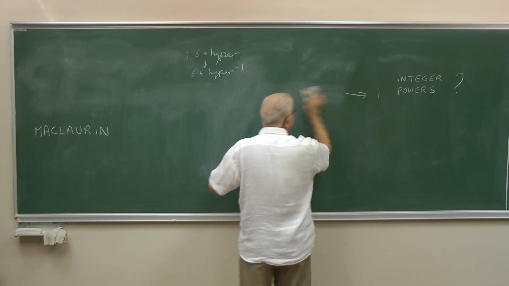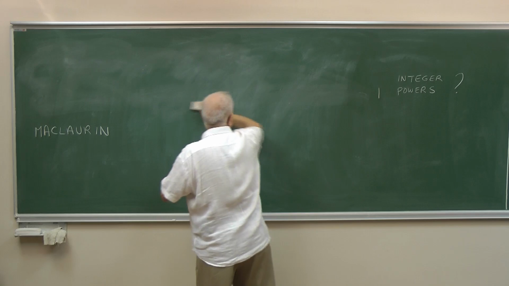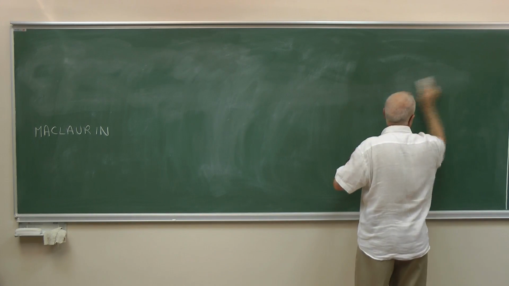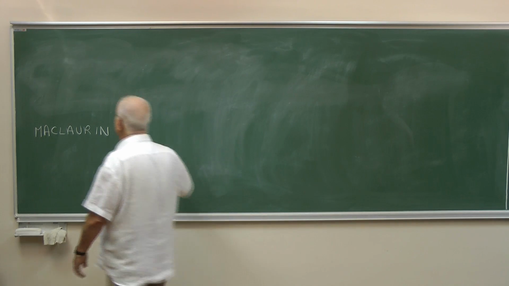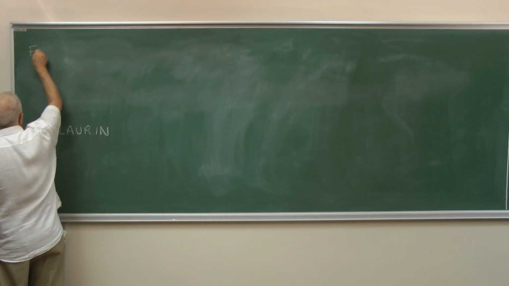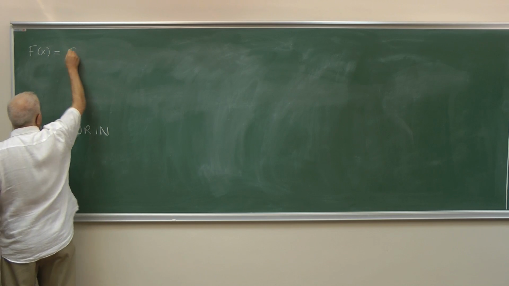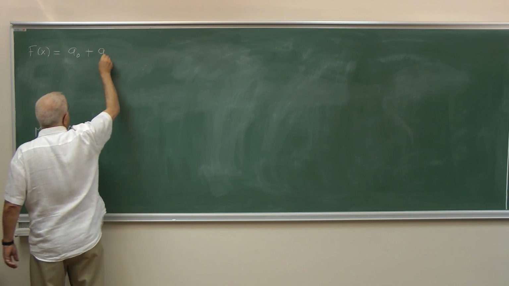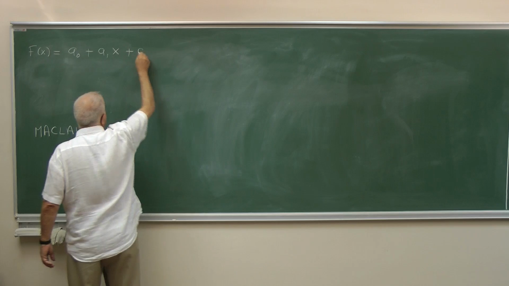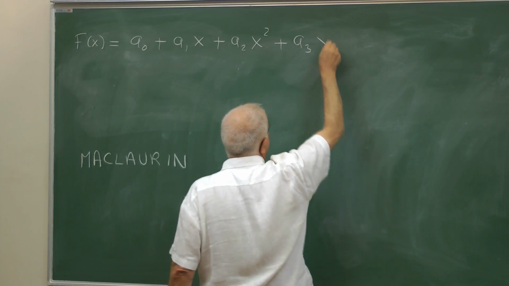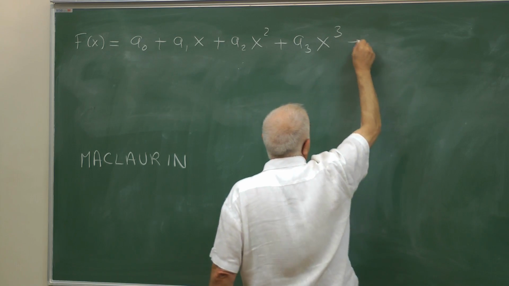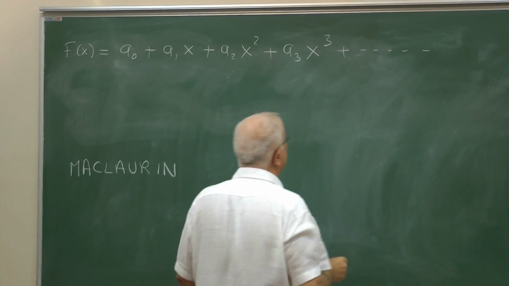We write our wishful thinking first. We say, let f of x be a constant plus another constant times x plus another constant times x squared plus another times x cubed, so on and so forth, all the way to infinity.